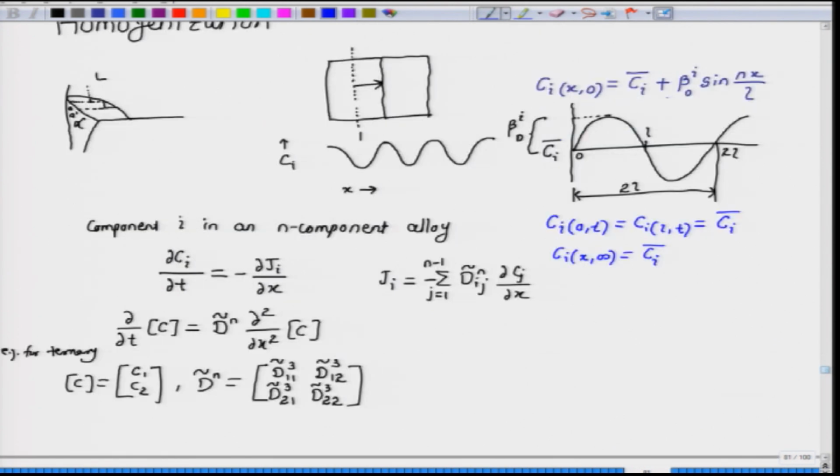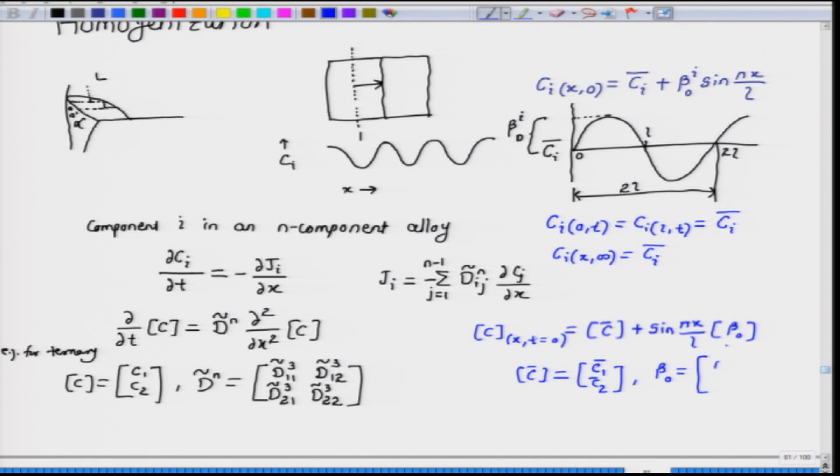So, if we write this initial condition for each of the components, and if we write them in the matrix form, we can write the matrix of C at any x at t equal to 0 should be equal to C bar plus sin pi x by L times matrix of beta 0, where C bar, if we expand for a ternary system, should be C1 bar and C2 bar, matrix of the average concentrations of components 1 and 2, and beta 0 is the column matrix of amplitudes of component 1 and 2, which we denote as beta 0 superscript 1 and beta 0 superscript 2.